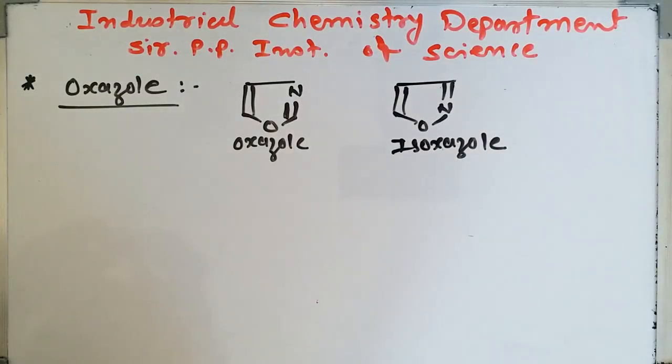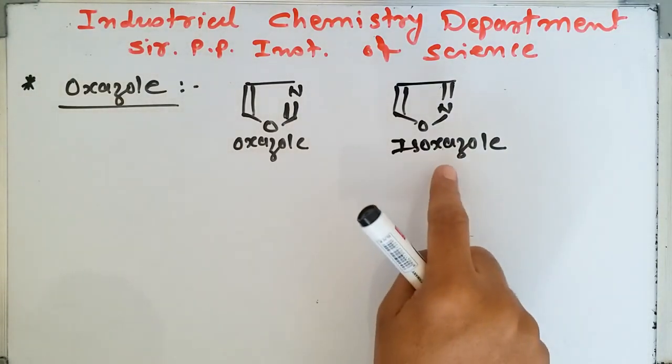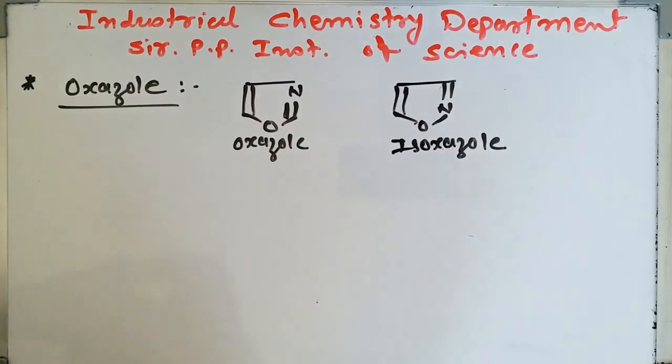So on the basis of the relative position of the two heteroatoms, we have two oxazoles, oxazole and isoxazole. So we start with the synthesis of oxazole.